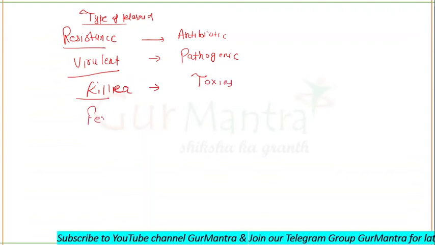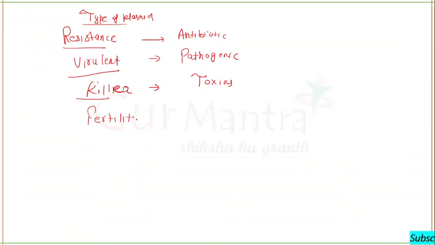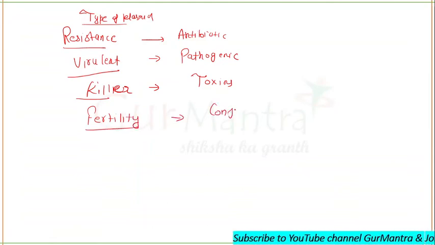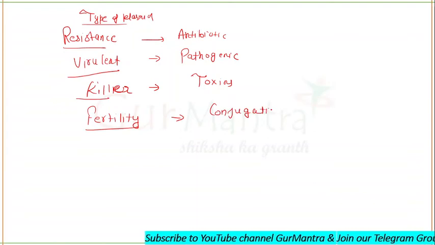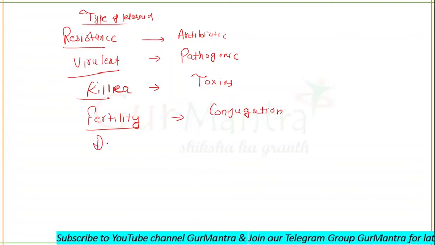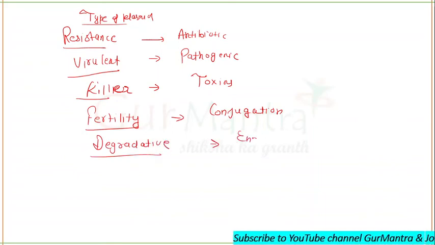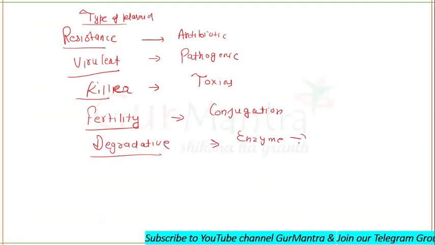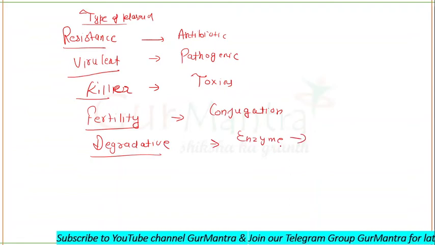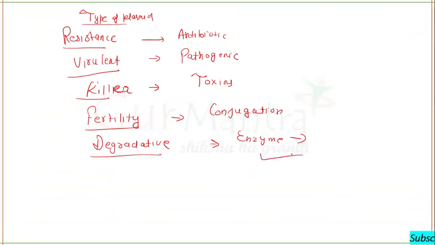If it is a fertility factor, then it will help in conjugation. Okay, if it is degradative, then it will synthesize enzymes that will cause metabolism of unusual molecules. Fine.